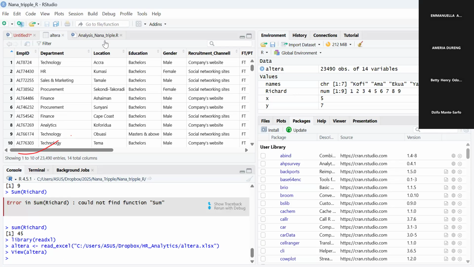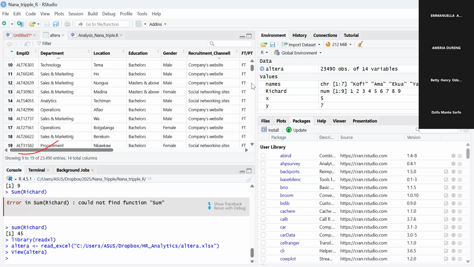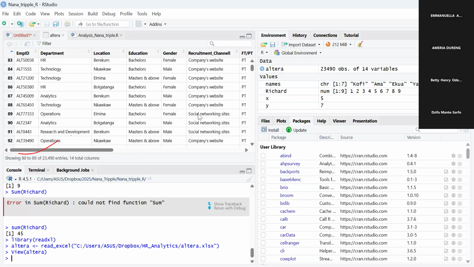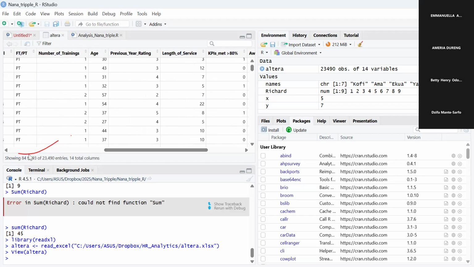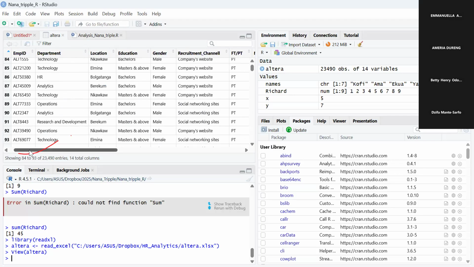Now, let's close the data. How do you close the data? We don't want to see the data. You can go through the data and see what it is, you can go down, you can go right from here. So I don't want to see it.